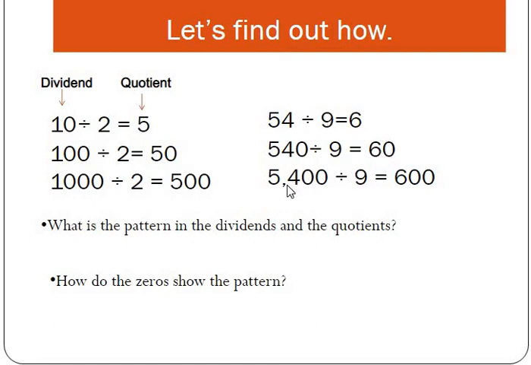Okay, what about 5,400 divided by 9? Again, just hide the 2 zeros with your little hand. And then ask yourself, 54 divided by 9 is 6. Sure, put 6, then ask how many zeros are left? 2 zeros. So what about putting the 2 zeros next to it?